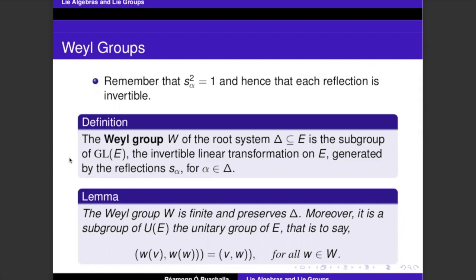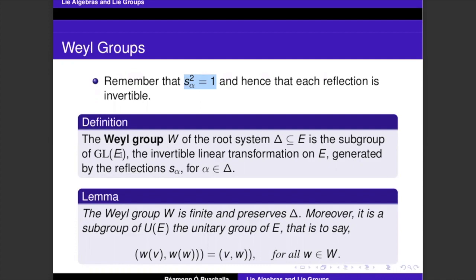Now we define the Weyl group of a root system to be a subgroup of the general linear group. The point here is that these are linear transformations, but they have no kernel, hence they're invertible. So they live inside the general linear group.